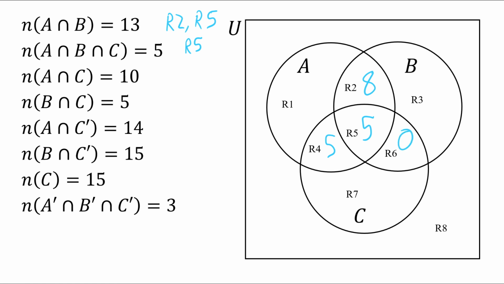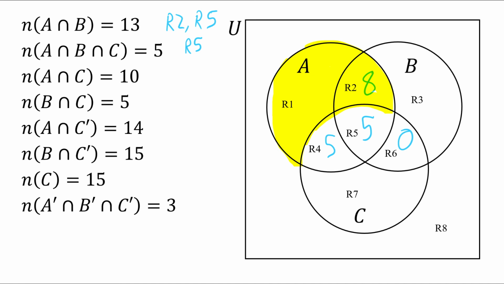All right. Next, we've got the number of elements in A intersect C complement. That is elements that are in A that are not in C. So we highlight the part of A that is not in C. A is made up of 4 regions: regions 1, 2, 4, and 5.